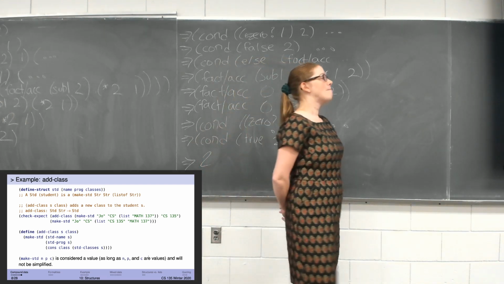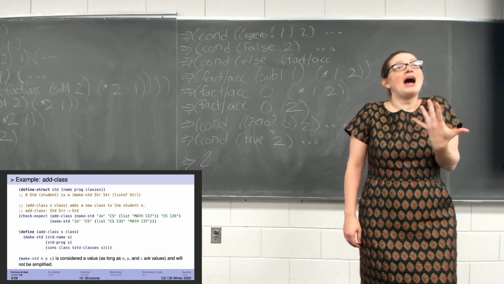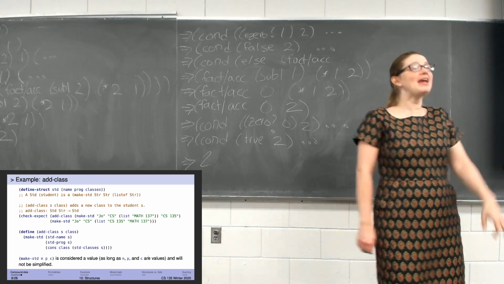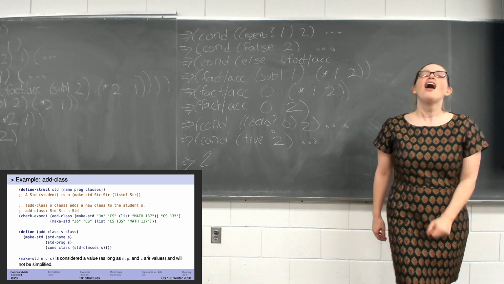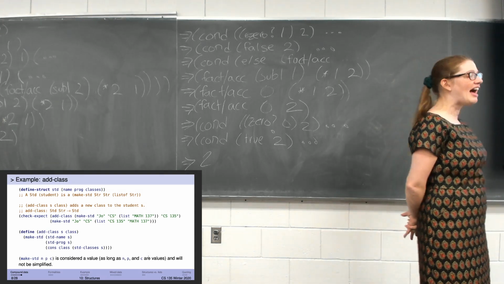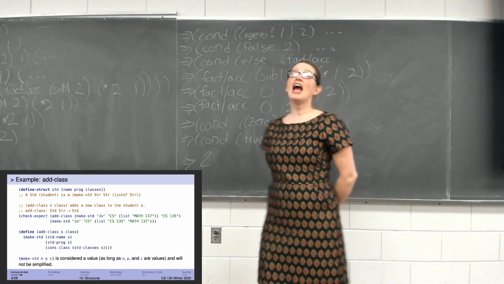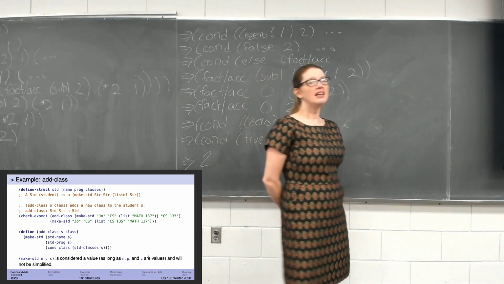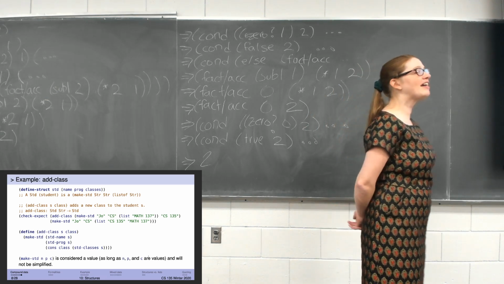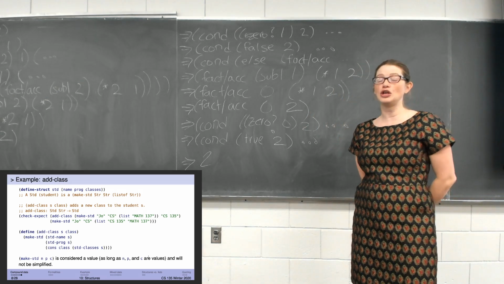So maybe you decide you want to add a sixth class, because I'm not sure why anyone would do that, but maybe you decided you want to. So we could do a function called add class, and it consumes a student and a class, which is a string, and it's going to produce a new student. Something to remind you of is that Racket doesn't let us modify existing things. We always have to produce a new value.